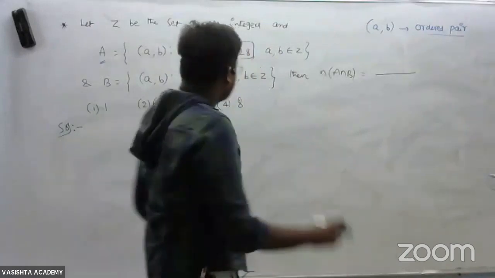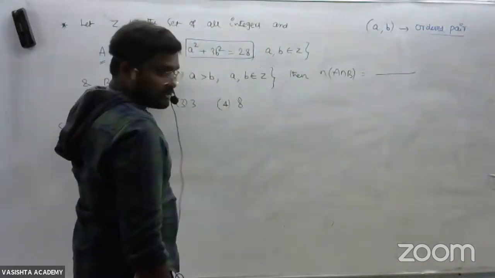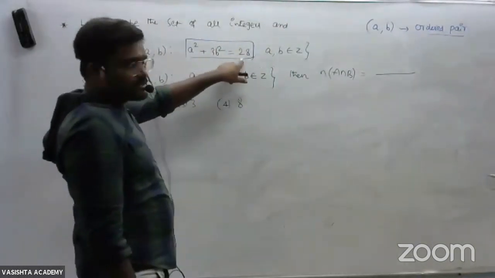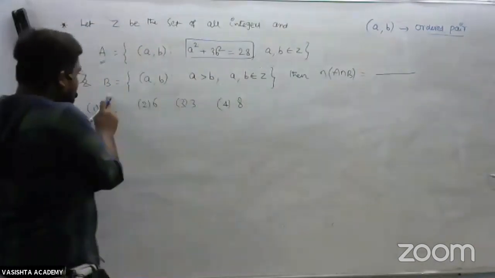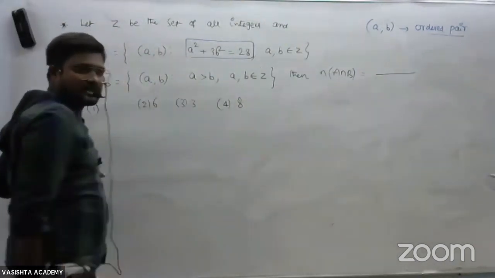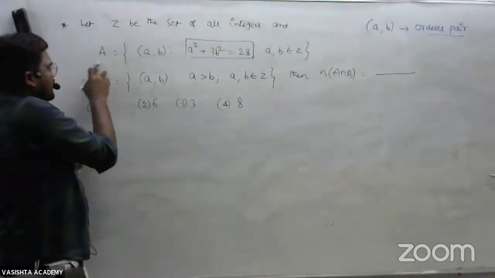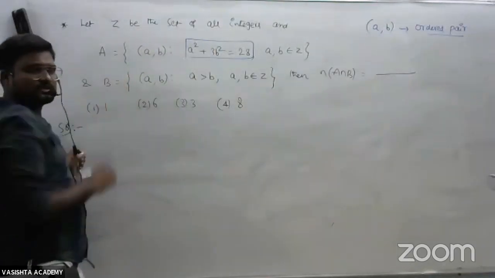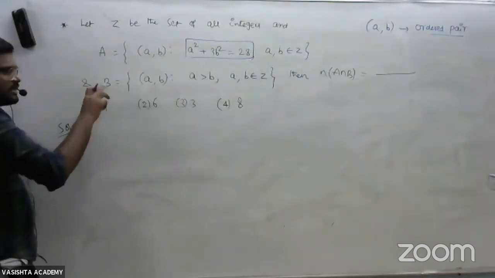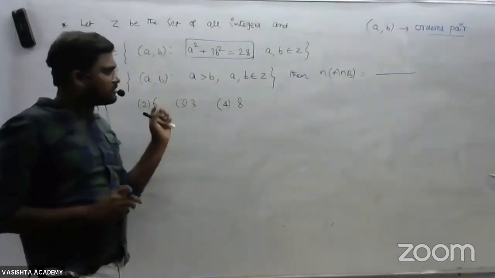Now we have to collect a and b in such a way that those two integers satisfy this equation, a square plus 3b square equals 28. And for B, we have to collect all those integers where the first one is greater than the second one, a greater than b. Now I have to find the number of elements in the intersection of these two. Understood? So first we have to find the intersection of these two, then I have to count how many elements will be there in A intersection B.